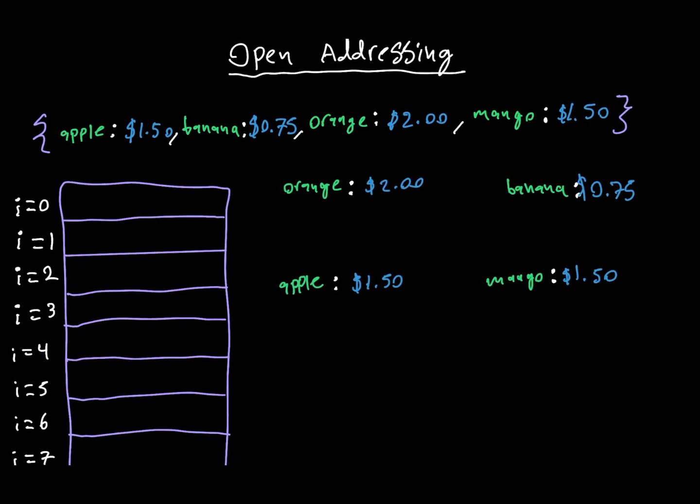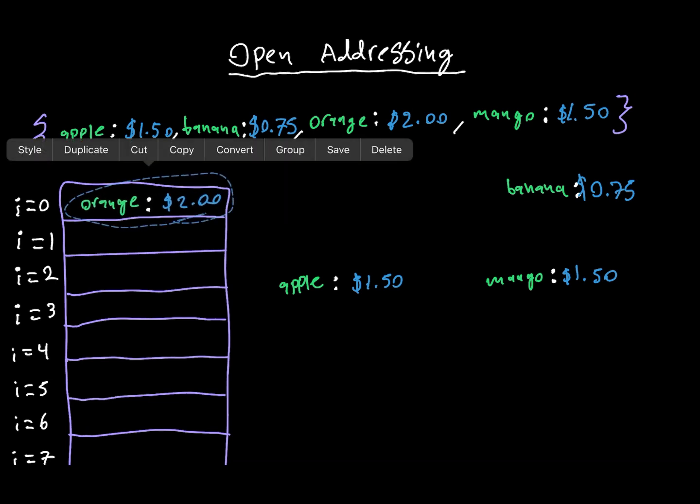You do have an issue with open addressing, and that's clustering. That happens when you have a poor distribution with your hashing function where every key is getting mapped to the same index, right? So imagine orange is mapped to index 0. We insert it.